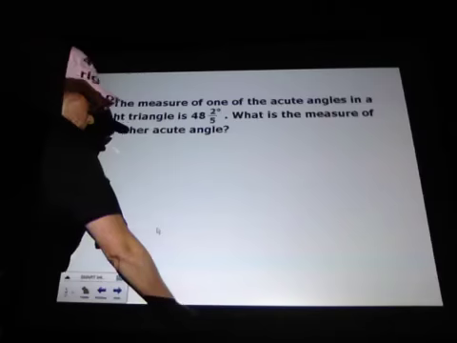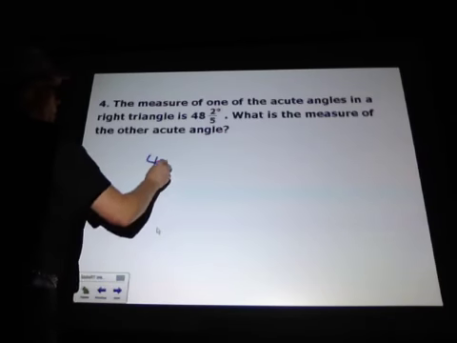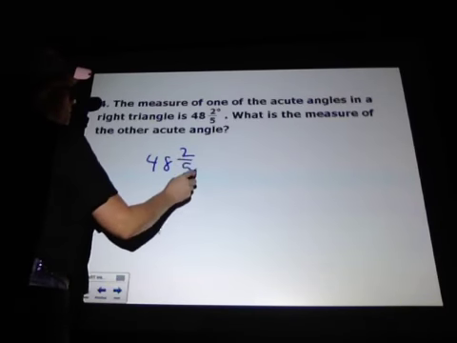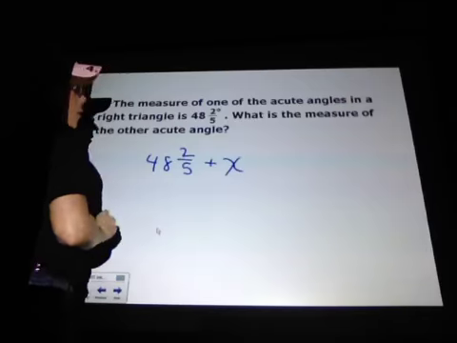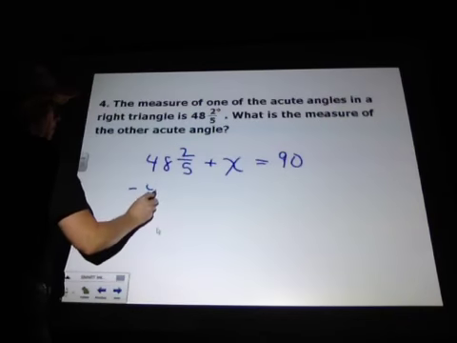Okay, we've got one more here. The measure of one of the acute angles in a right triangle is 48 2/5. So what you have here is one of the angles plus the other acute angle. You know they're complementary, so solve for x.